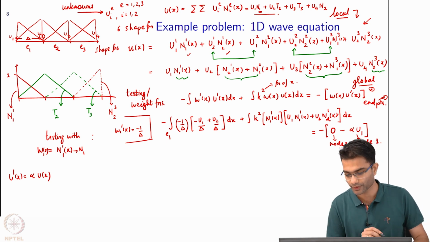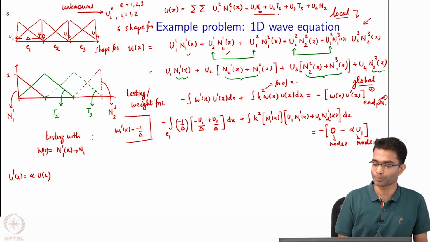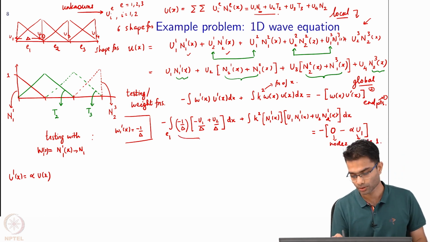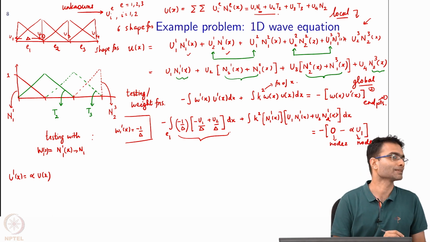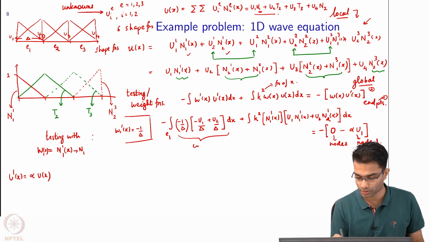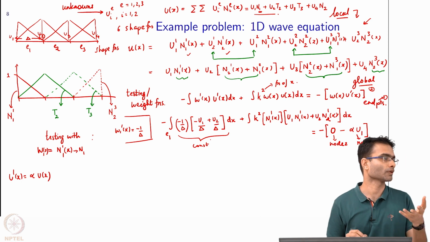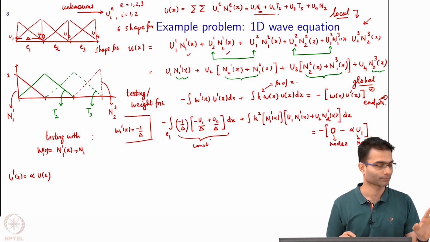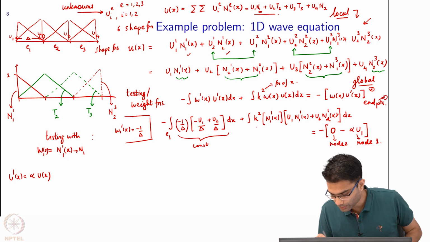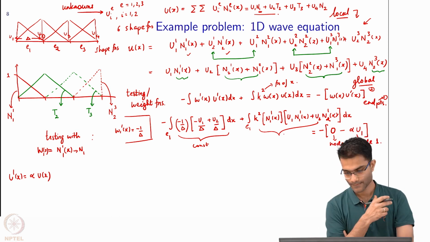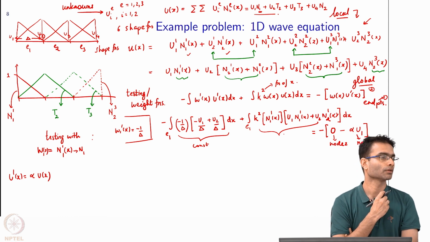So what does this look like? This equation that I have written over here, can I simplify it? Let's go term by term. What is this expression over here? In terms of x, is it a function of x? No, right. So this is a constant with a u1 and a u2 there, integrated over dx, so just the length of the segment will come. What about the second term? This is also integrated over e1. What polynomial is this? Is it constant, linear, quadratic? Quadratic, right?